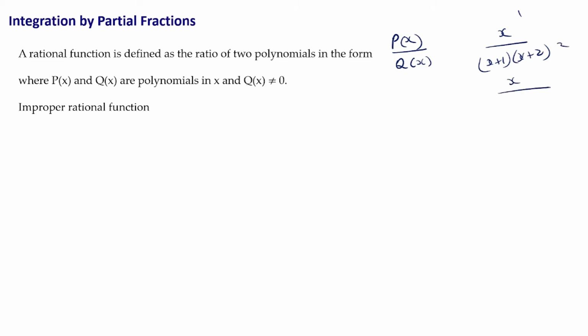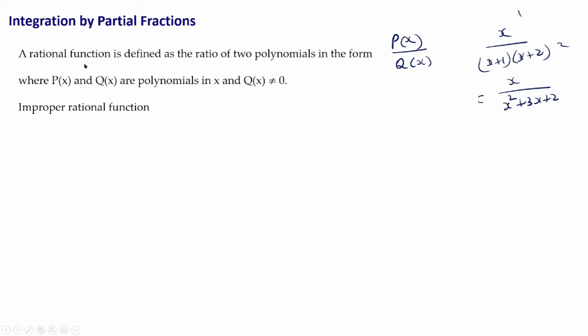It is x by x square plus 3x plus 2. So such a rational function is called a proper rational function. If we have to integrate such a function, then we can proceed with integration by partial fractions.